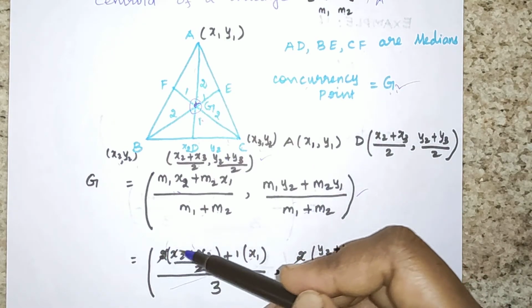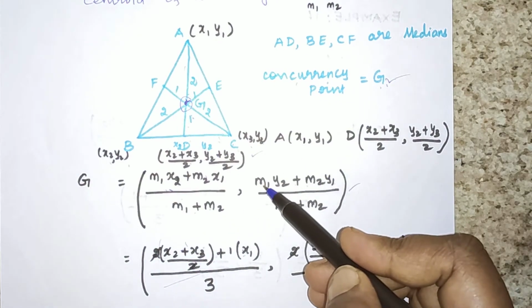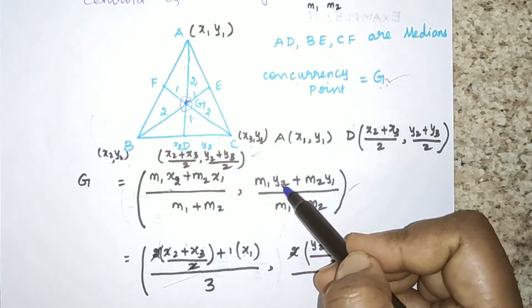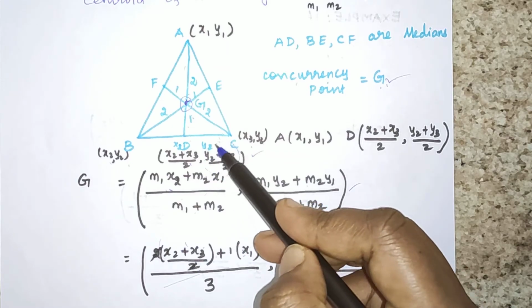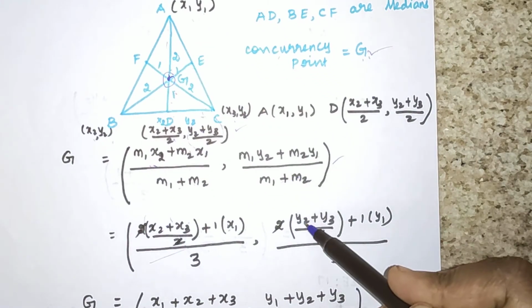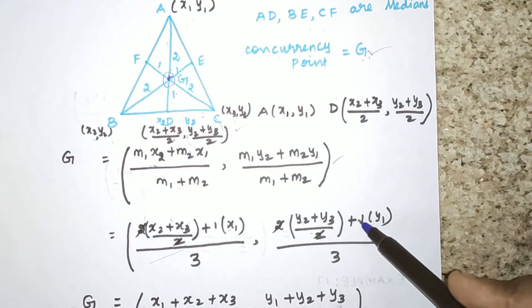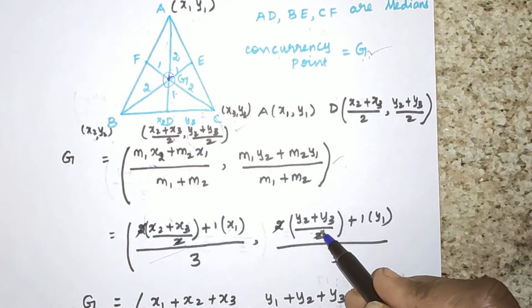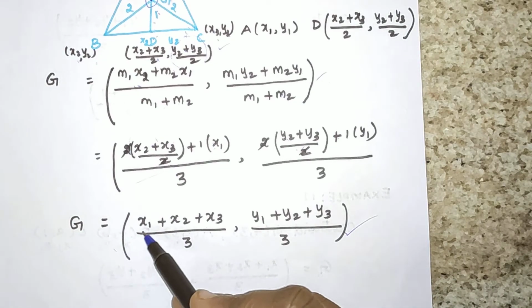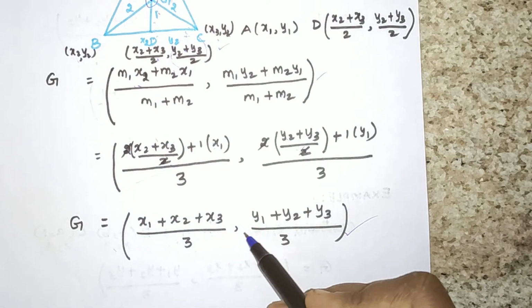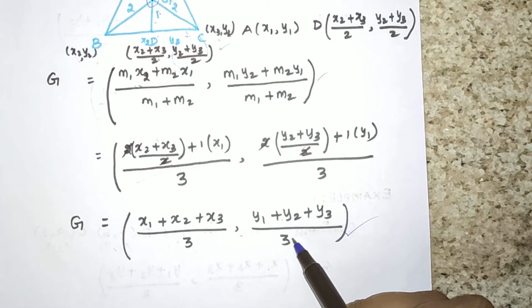So this 2 and 2 get cancelled. The same way here also, m1 is 2, y2 part is (y2 plus y3) by 2, plus 1 into y1. So here also 2 gets cancelled. So we reach the formula: G is equal to ((x1 plus x2 plus x3) by 3, comma (y1 plus y2 plus y3) by 3).